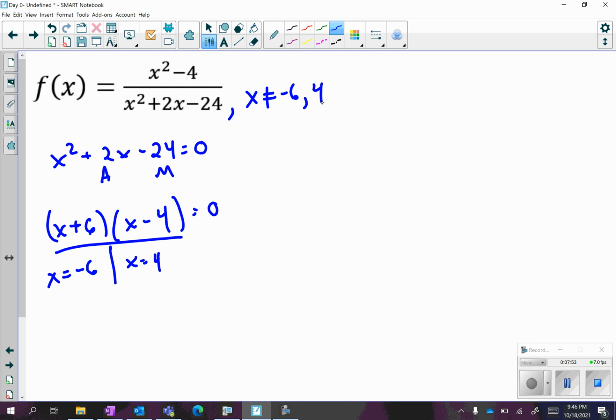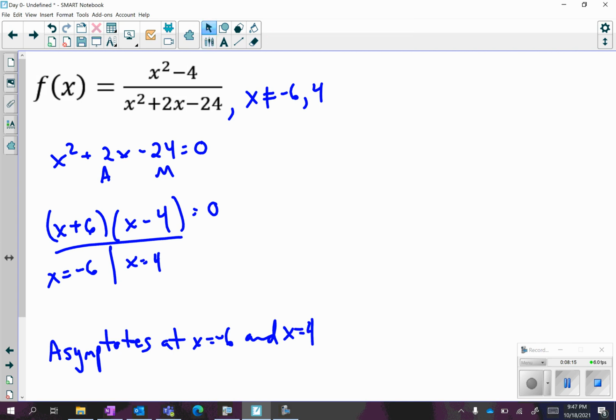Now, think about what the graph should look like. You have two excluded values. That's going to create two asymptotes, at x equals -6 and x equals 4. Take a look at that graph.